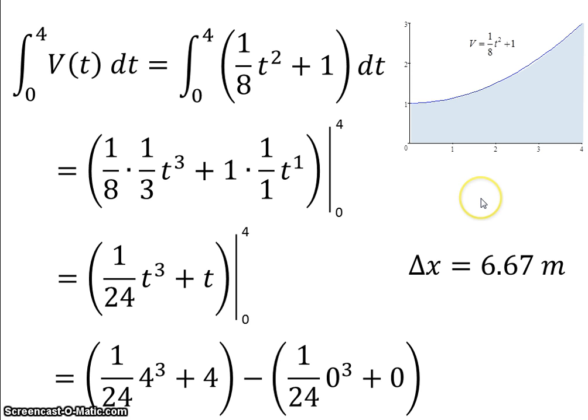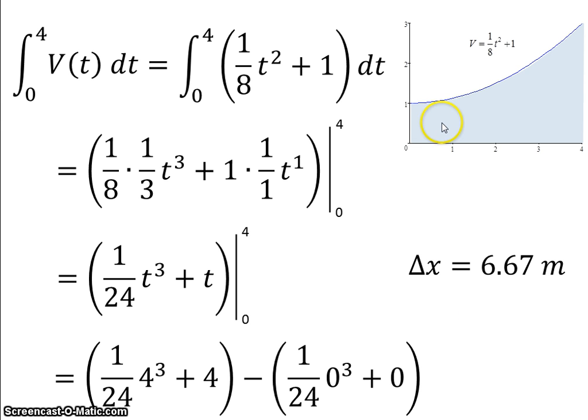So if you remember earlier on, we were doing approximations, and we got something pretty close to this. But this is an exact answer. Now we did all this stuff before when we did the anti-differentiation, but now we're giving it a new name. Anti-differentiation is the same thing as integration. It's the opposite of differentiation.